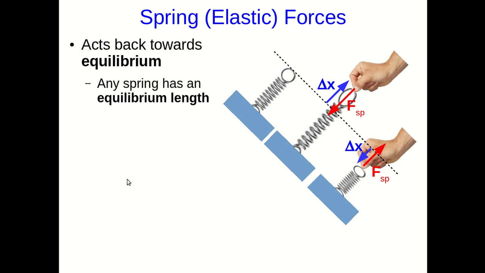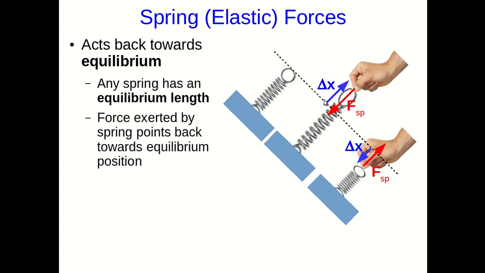Way back, we saw spring forces, and we've hardly talked about them at all since then, so let's get a bit of a review. A spring force always acts back towards the equilibrium, and what I mean is that any spring has an equilibrium length, the length that it has when no forces are being exerted on it.